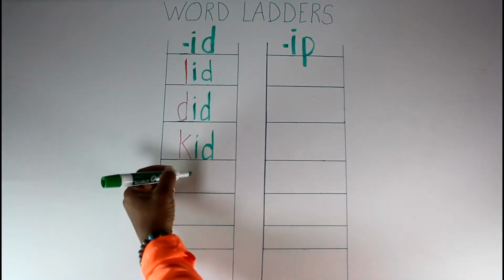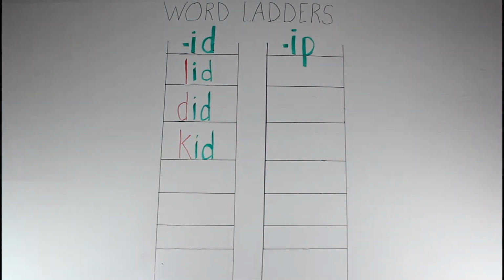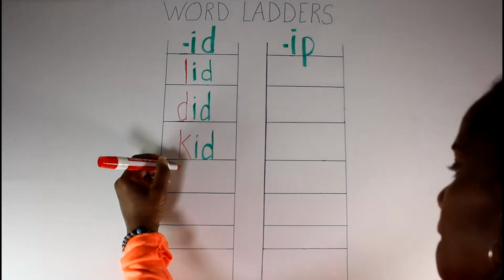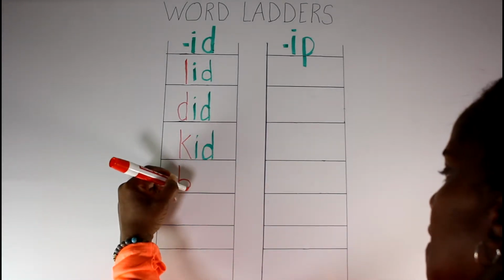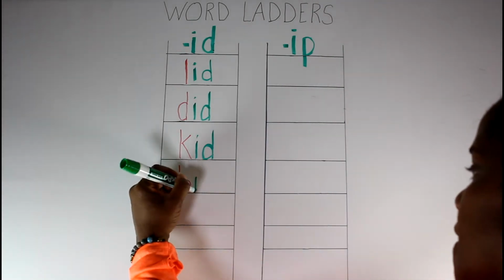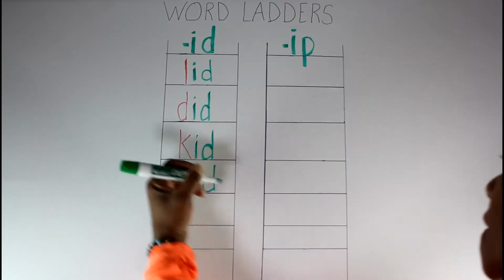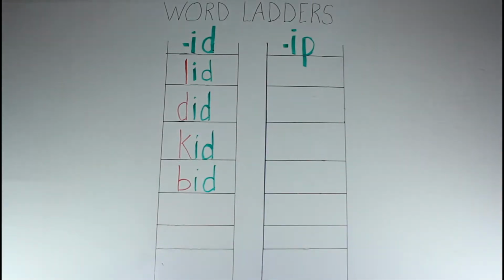Kid. One I can think of is bid. Bid. So we're going to write a B. And again we write I and D. And we get bid.